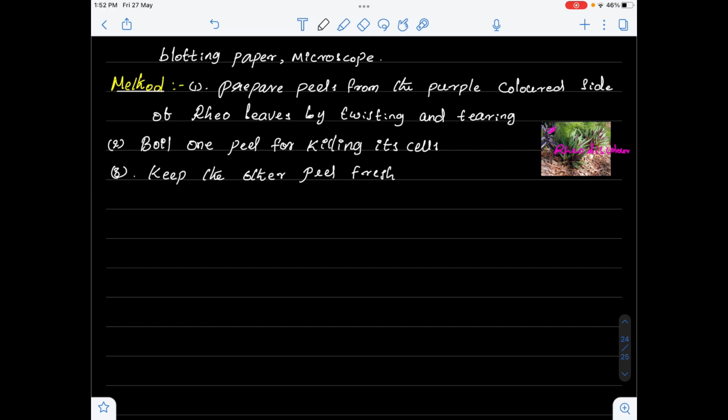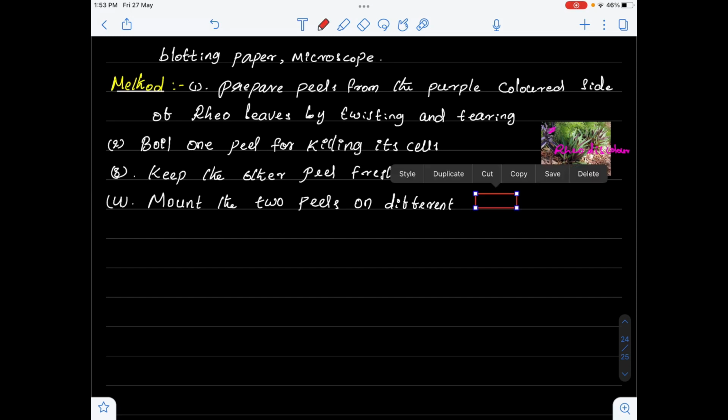Now mount the two peels on different glass slides. So these are the two glass slides. On these two glass slides, first we should take a drop of water and place the peels of these two rheo leaves.